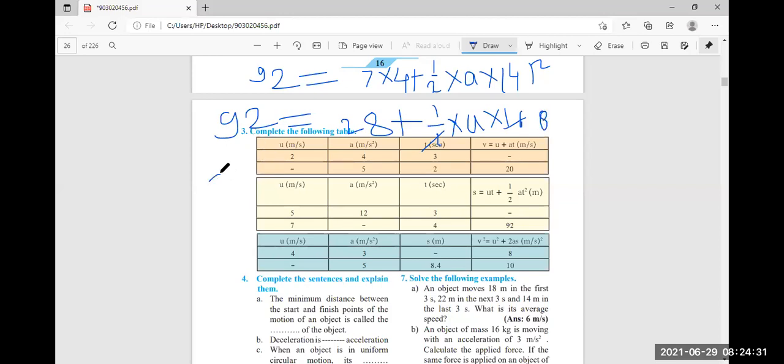So what will we get here? 92, this 28 here for addition we have to take here for subtraction. Then it's 8 into A, what will we get? 8A. Then subtract: 92 minus 28, what will we get?